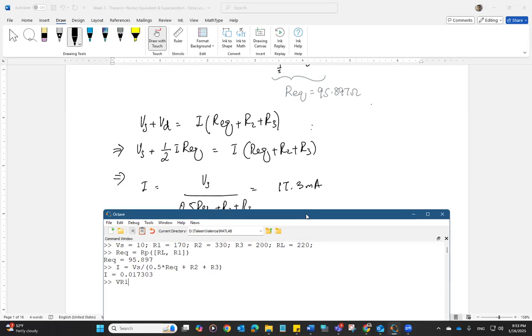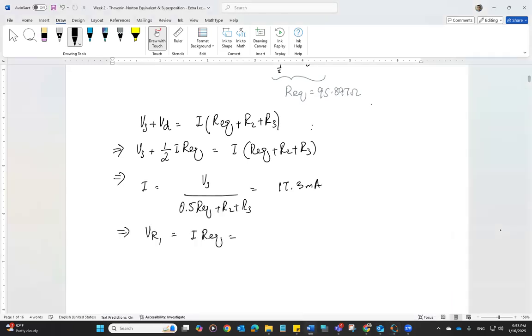We are calling it VR1. So VR1 is equal to I times R equivalent, which is 1.6593 or 1.66 volt.